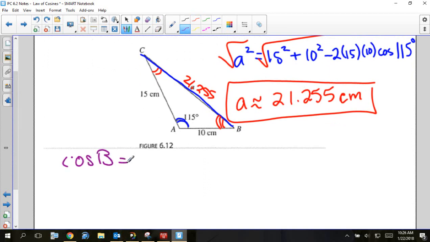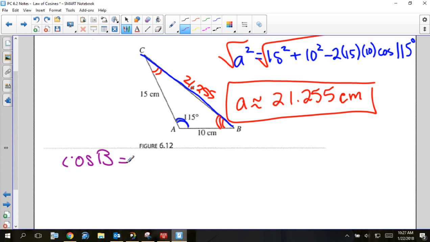So for B, we would do, to make my work maybe a little bit easier, let me show you on the paper, and then I'll show you the calculator.